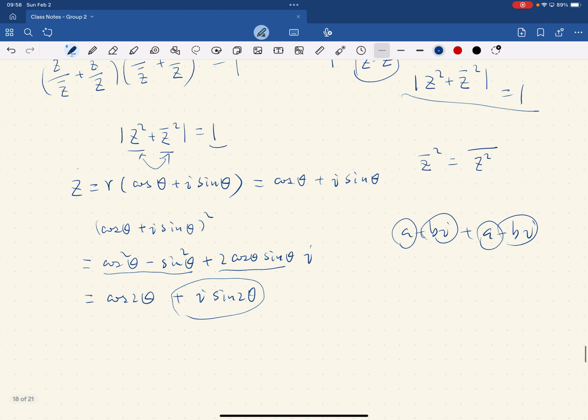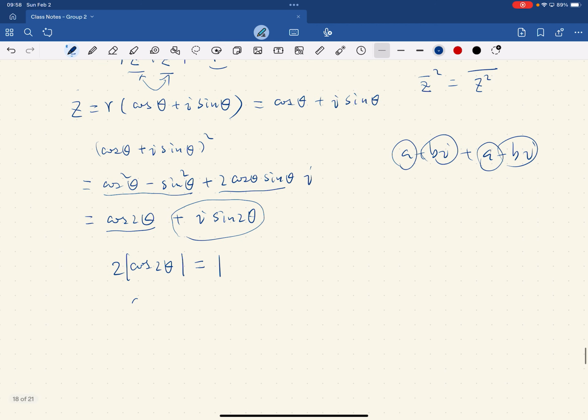The real part is cosine 2 theta, so it becomes 2 times cosine 2 theta. This equals 1, with the absolute value here. So this is saying either cosine 2 theta equals 1/2 or cosine 2 theta equals negative 1/2.